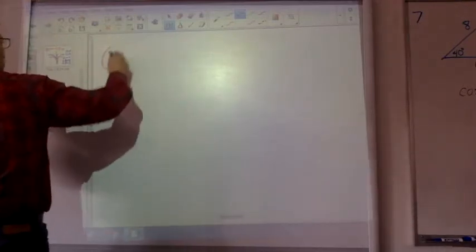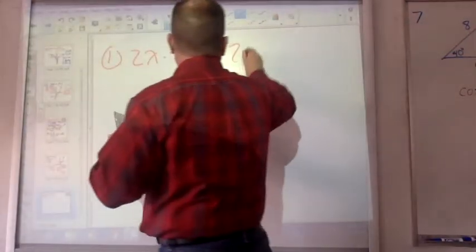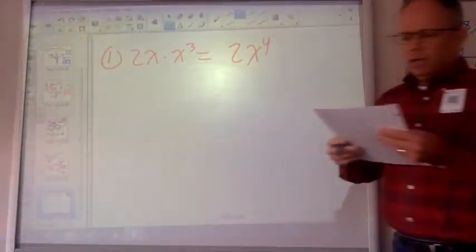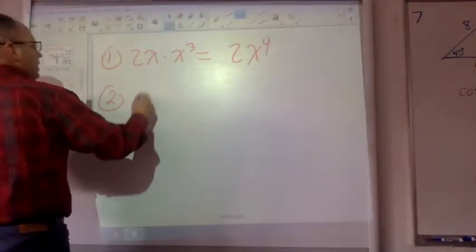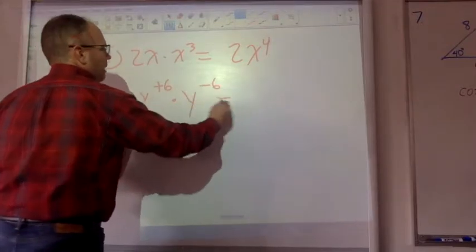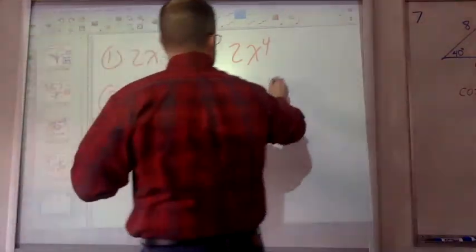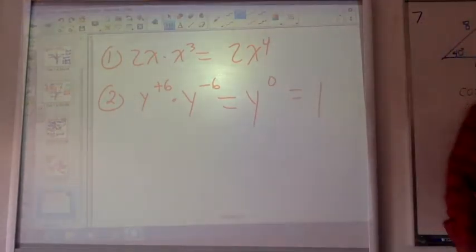So problem number 1 is how you do it. 2 to the x times x to the 3rd. Like bases, so I get 2x to the 4th. Done. Number 2. Y to the positive 6 times y to the negative 6. Like bases, I add the exponents, so I would have accepted y to the 0 as an answer, but I was really looking for you to have 1.